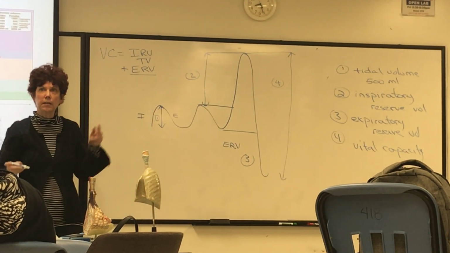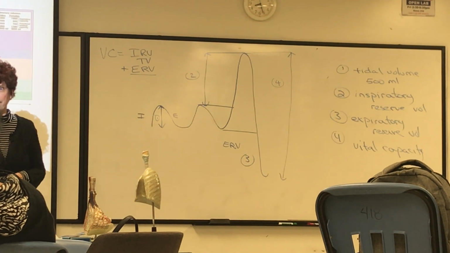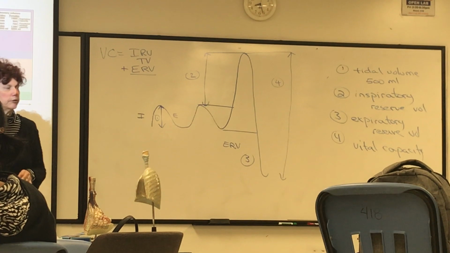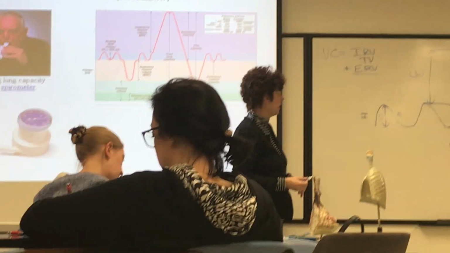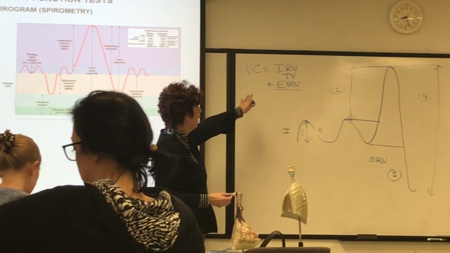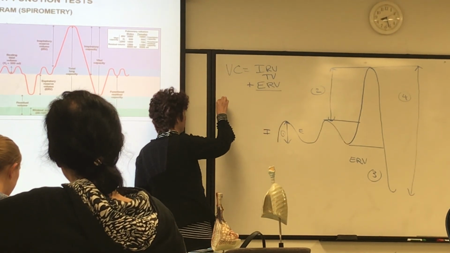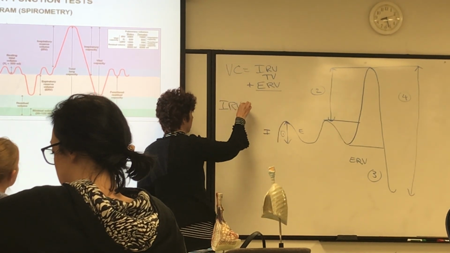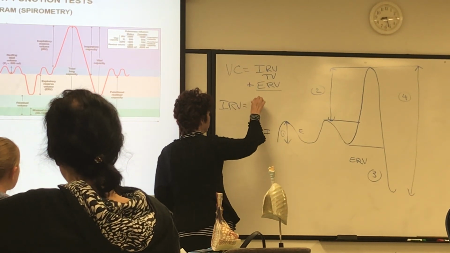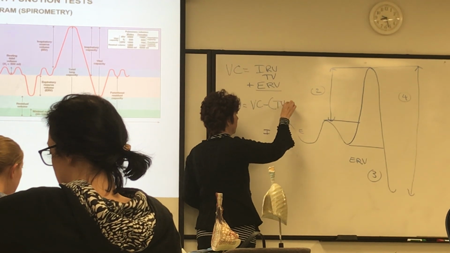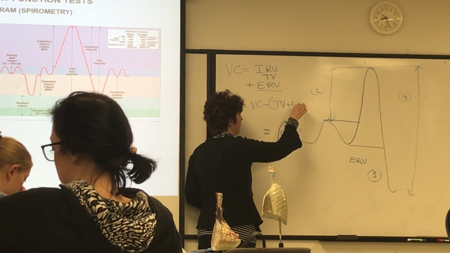Now remember, we can only do inspiratory reserve by inspiring. I suppose you could breathe out until it felt comfortable, but that would just get you to the top. So I can measure my vital capacity, so I can figure out inspiratory reserve is equal to vital capacity minus the sum of tidal volume plus expiratory reserve.